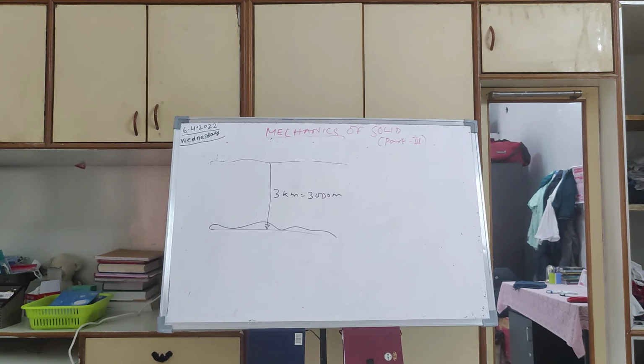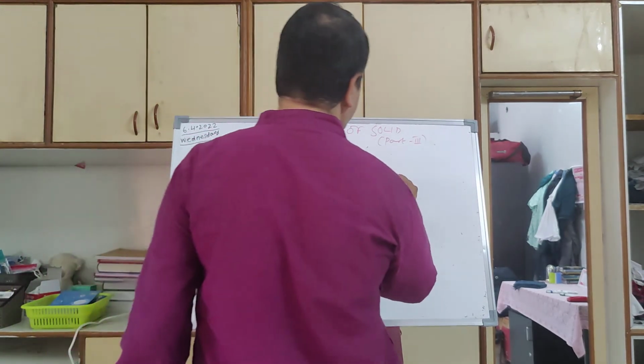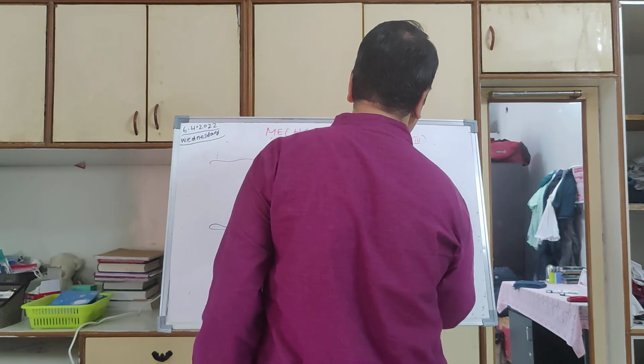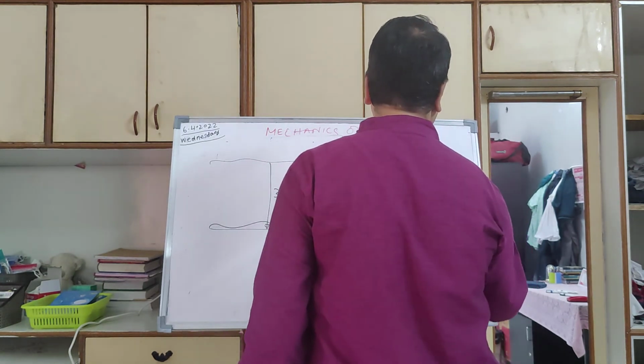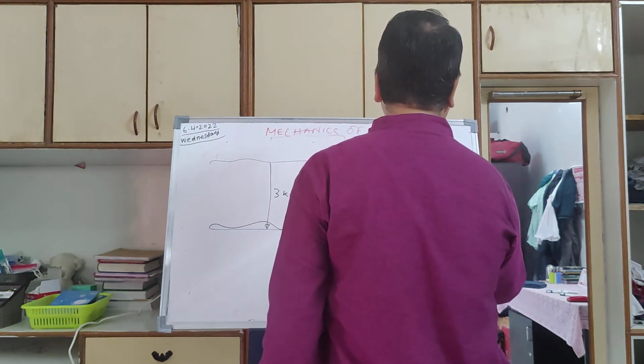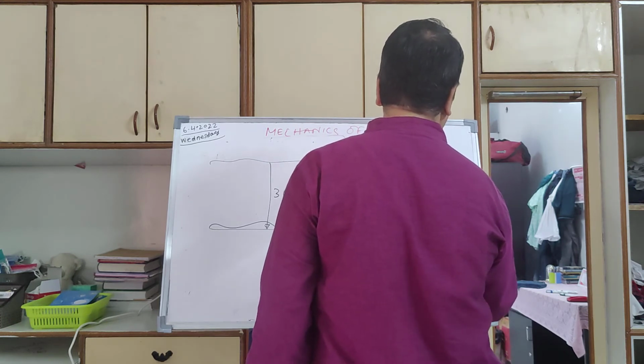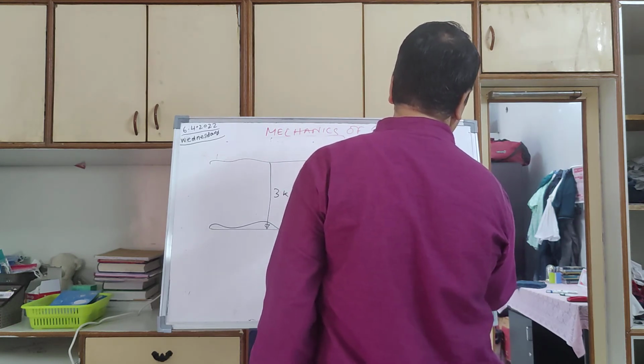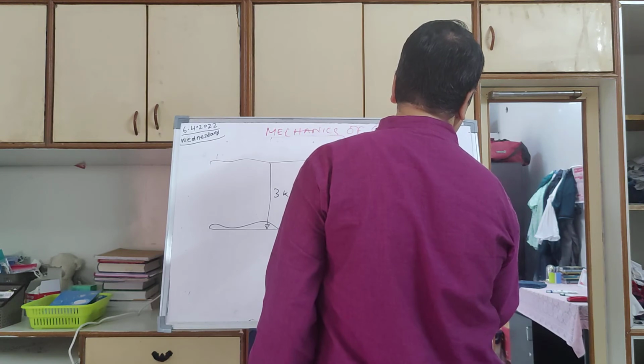Calculate the fractional compression delta V by V. Because of pressure, something will get compressed by a certain amount, right?